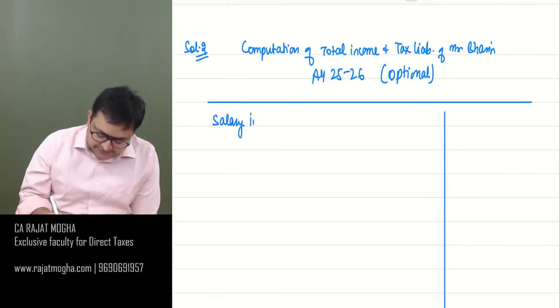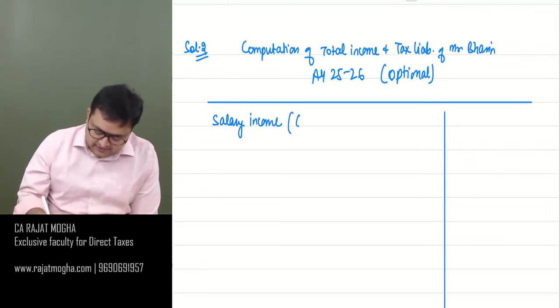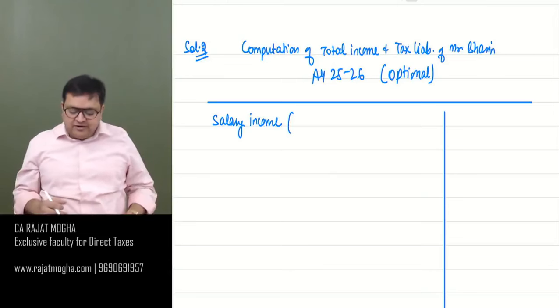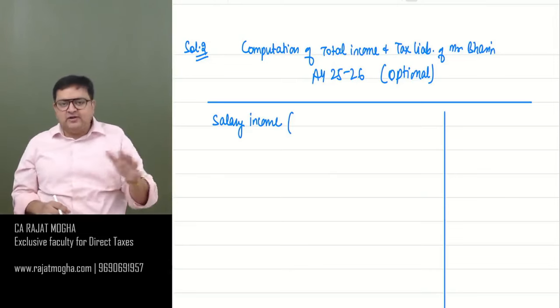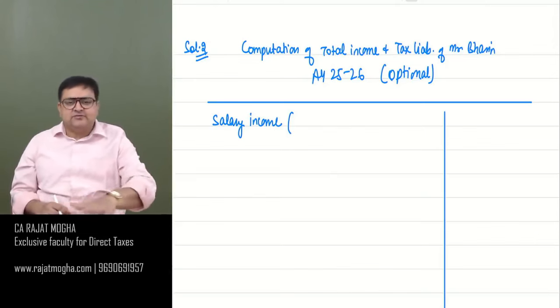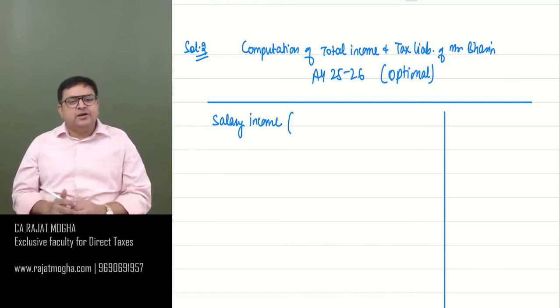Salary income. Guys, you don't have to write stories. See, I have taken some 40-45 minutes to explain the entire question to you. But in your examination, you will do all this which I have discussed with you in just 5 minutes. You will get to know what the question is telling you. And then to present it, you will be taking maximum.